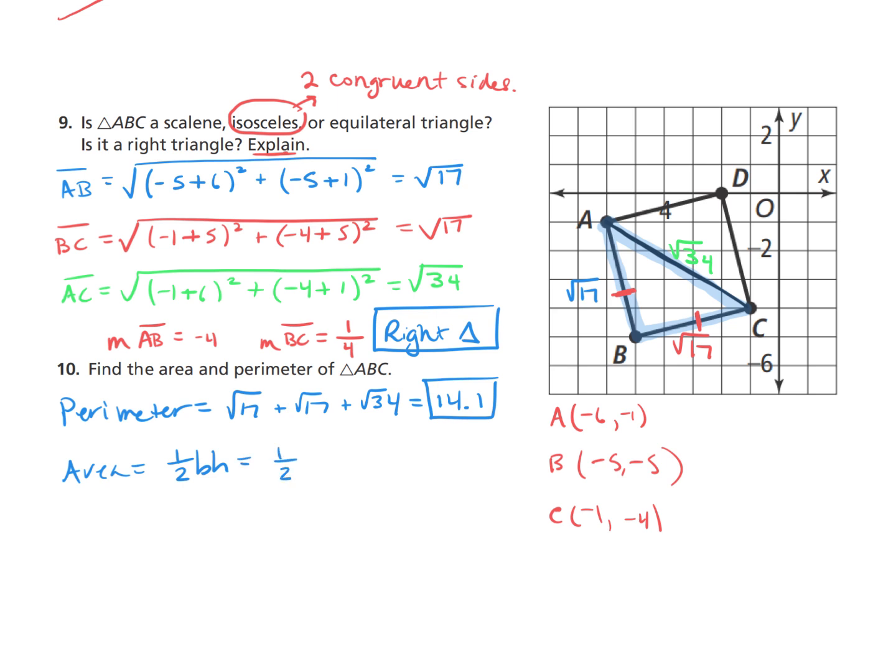It's 1/2 times the square root of 17 times the square root of 17. And that gives us a total area of 8.5. Maybe I'll throw in a units squared. All right, there you go. Lots of good information to help with a test retake.